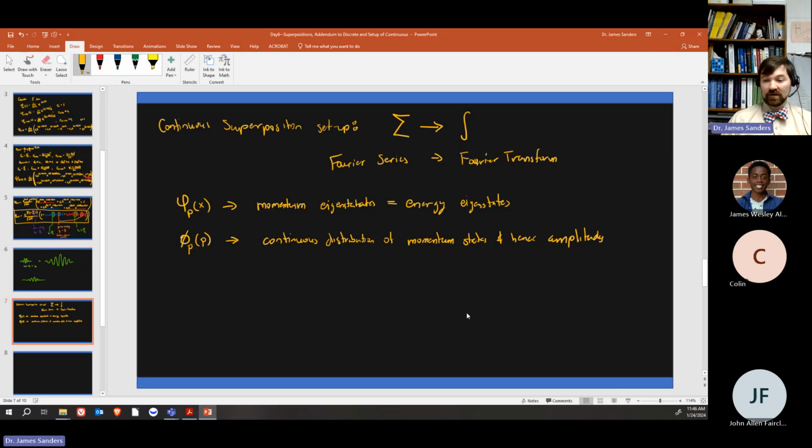Dr. Sanders, couldn't you treat them all as continuous? And if you had discrete states that you wanted to look at, just single them out with a Dirac delta? Yeah, you could. So if what you're wanting to do is start from a continuous superposition and then say, what if I have a discrete superposition?